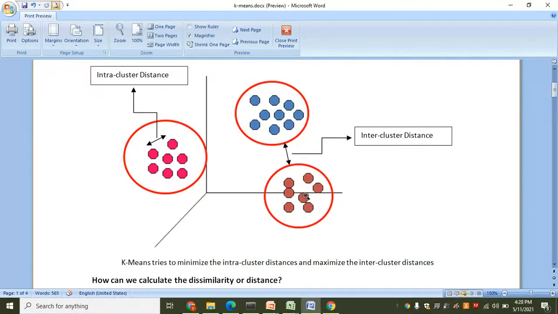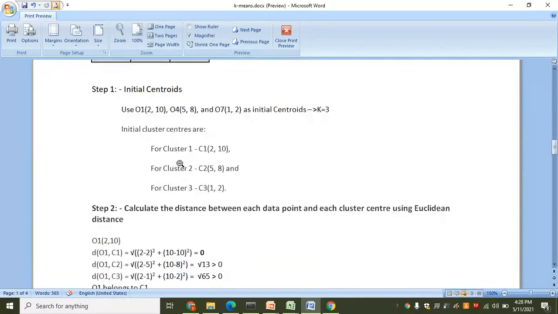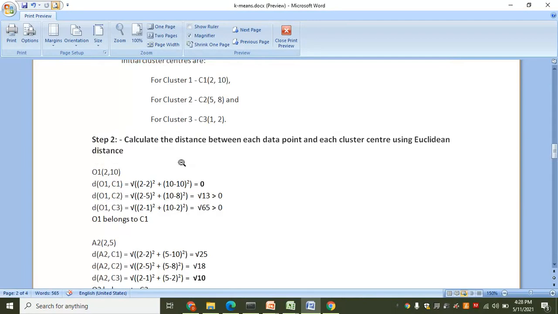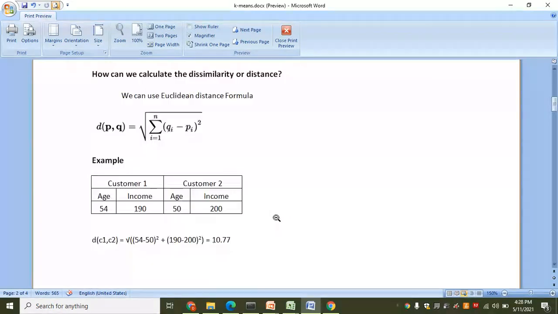Now we have to identify which data points are near those centers. So we need to calculate the distance between each data point and each cluster center using the Euclidean distance.